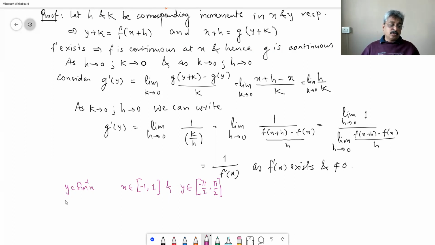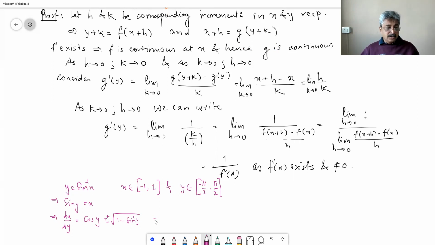So if y is equal to sine inverse x, then sine y is equal to x. Therefore, dx by dy is equal to cos y. Correct? But cos y is plus or minus radical 1 minus sine square y.